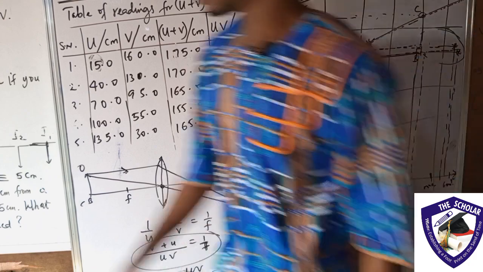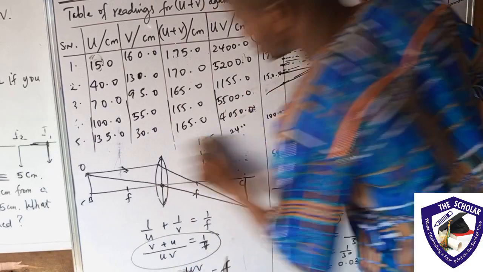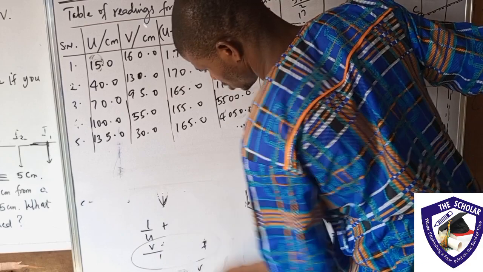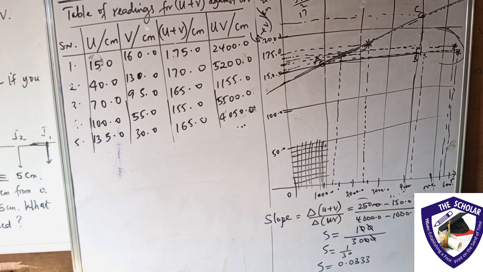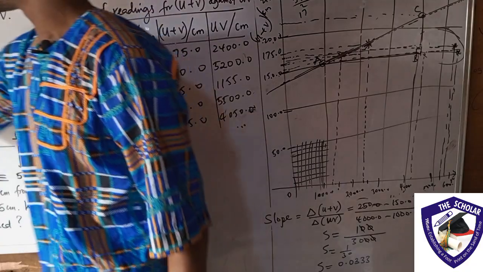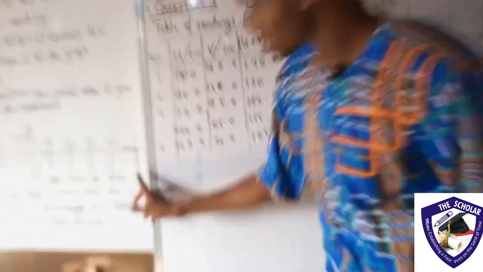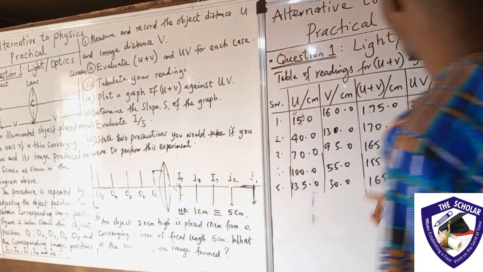Then the next part, we have to evaluate I over S. Our I is the image and our S is the slope. Our I here stands for the initial length of the image from the screen, which is the last value here, our I1.